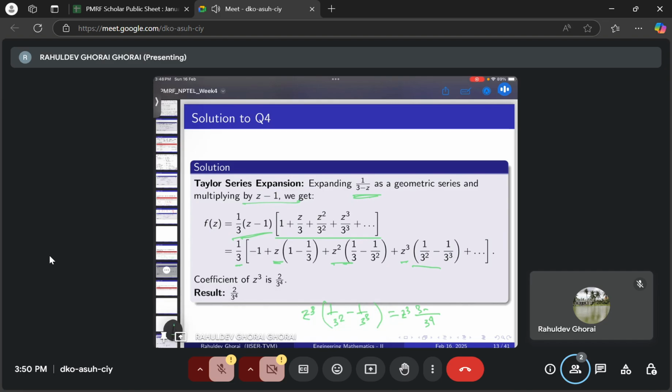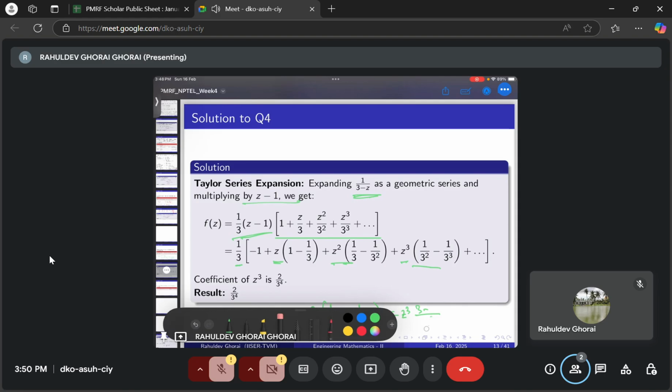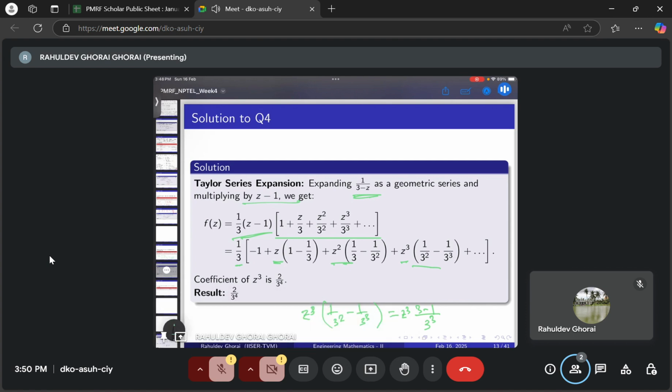So what will be this? This will be 3 to the power 3, times 3 minus 1. So it should be 2 over 3 to the power 3, not 2 over 3. Sorry, yeah. 2 over 3 to the power 3, and you have this 1 over 3 here also.